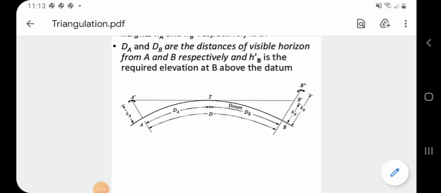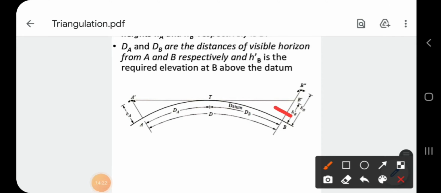So suppose this ground level is below the height HB dash, then we will have to keep a tower, or increase the height of the station, so that the person at A can see it.